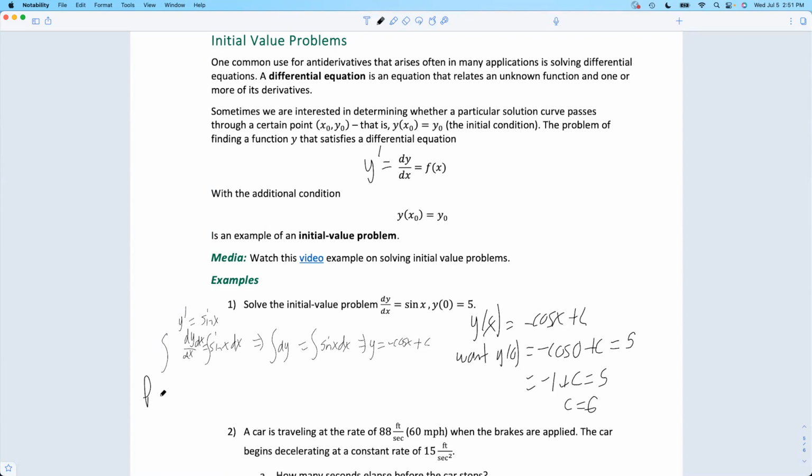So then my particular solution to this initial value problem, we call that an IVP, is y of x equals negative cosine of x plus 6.